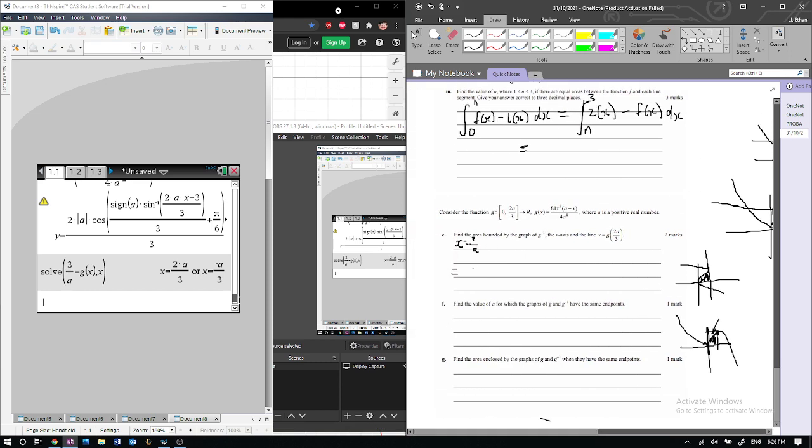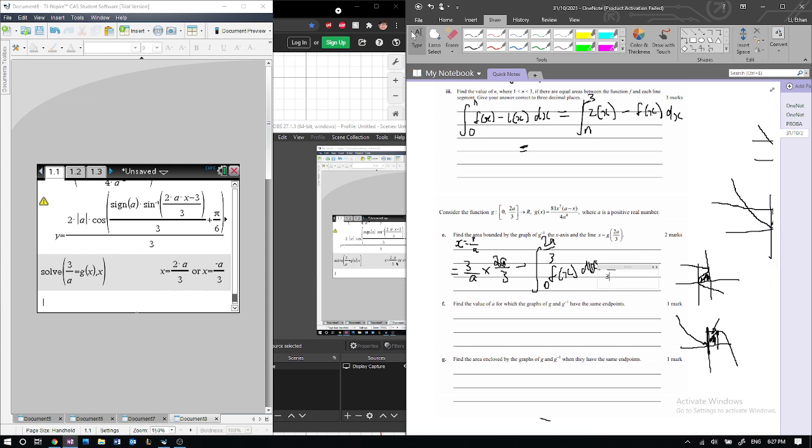The height of the rectangle is 3 on a, so 3 on a times 2a on 3. That's the area of the rectangle, minus the integral from 0 to 2a on 3 of f of x dx. And this should give you, I remember the answer was 1. So it should give you 1.